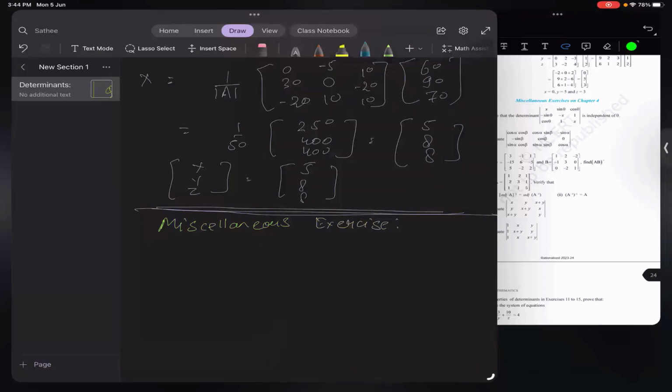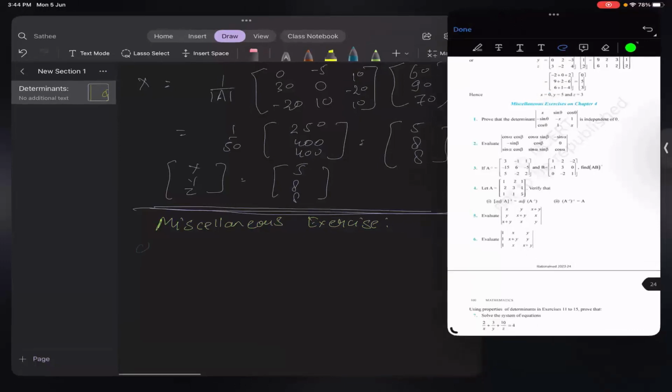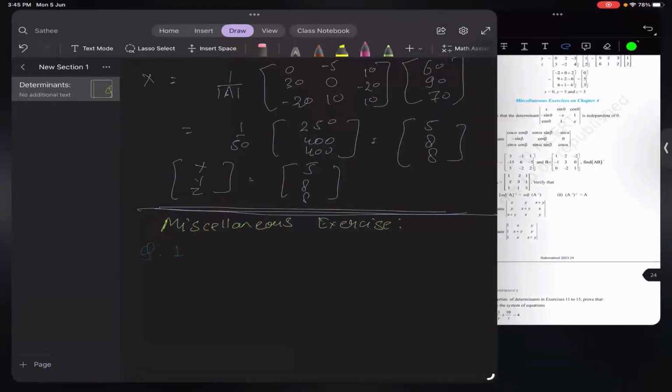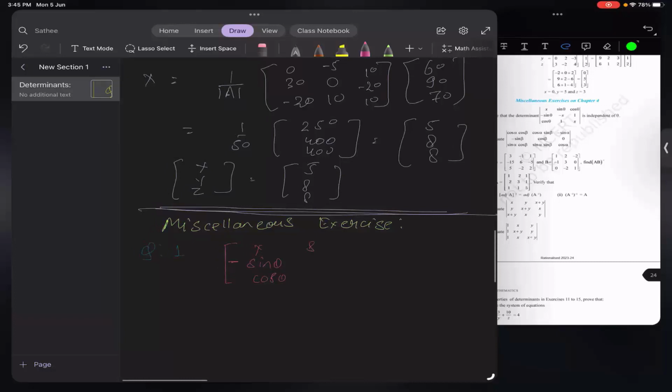Okay. What I mean is, let's say we see question number 1. So this is x, sine theta, and this is cos theta, minus sine theta, this is sine theta, and this is minus x, 1, and this is cos theta, 1, and this is x.